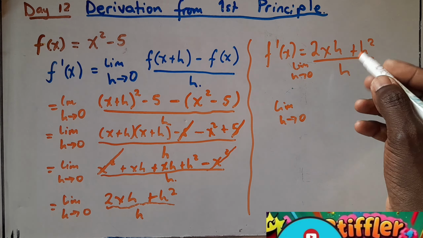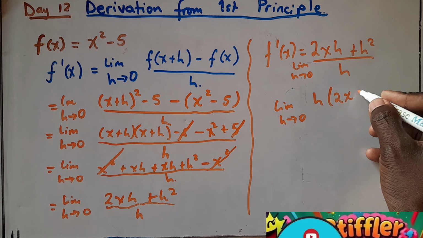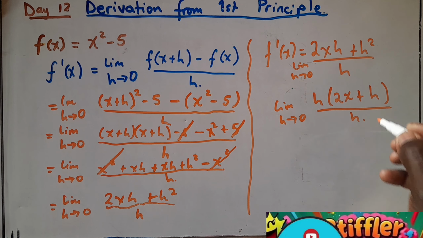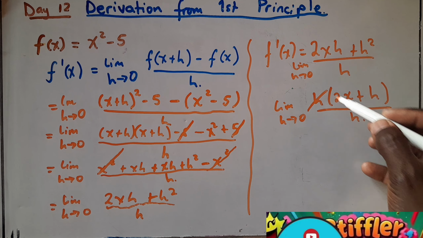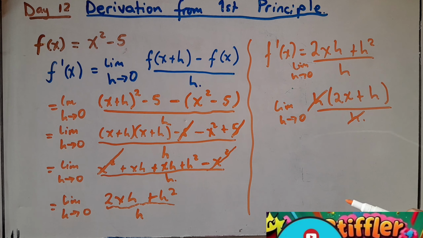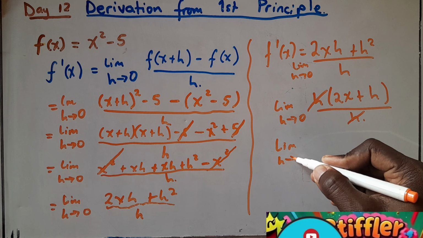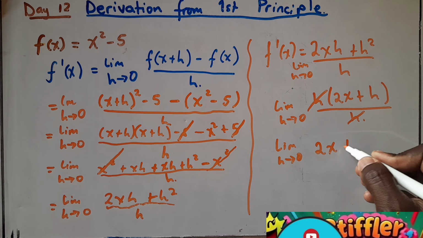If we factor out h, this is h(2x plus h) all over h. Now we can cancel out these h's. Still, this is the limit when h tends to 0 of 2x plus h.